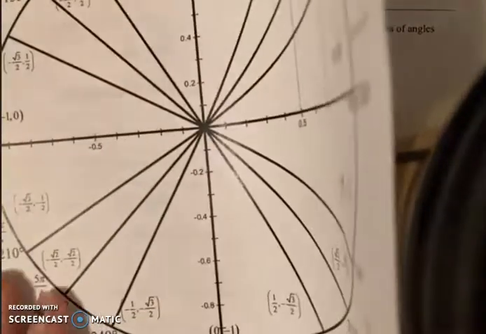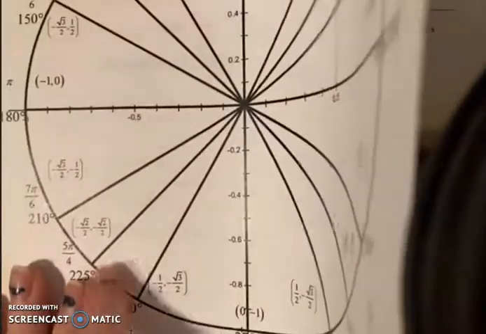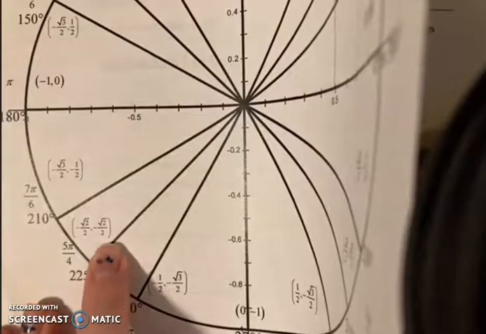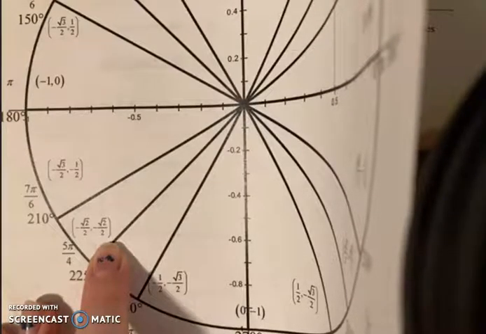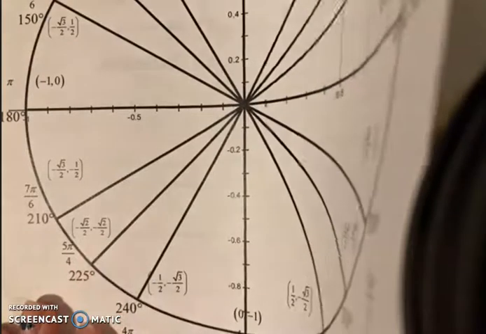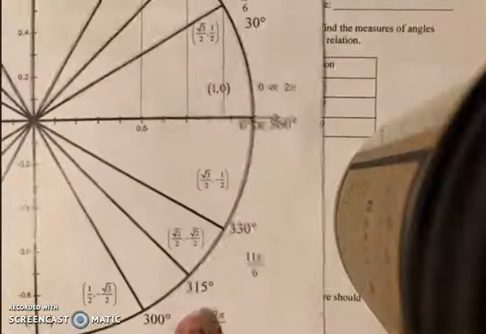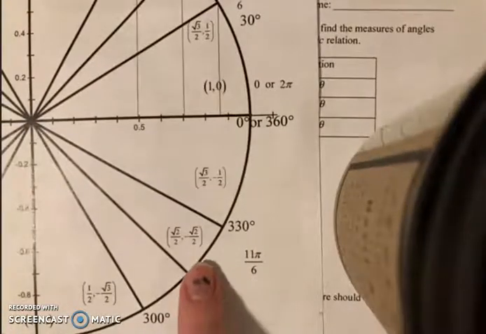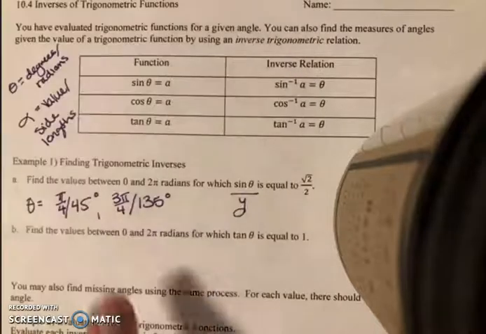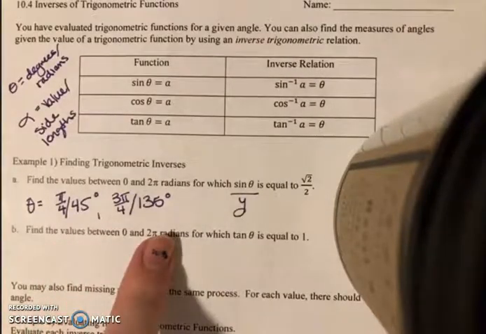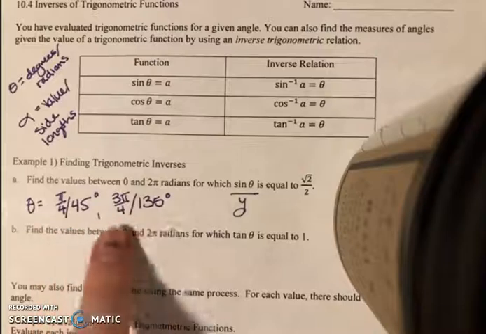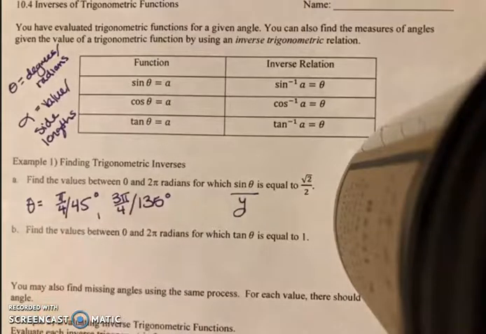If I look at quadrant 3, here's a y value of root 2 over 2, but this time it's negative, so that doesn't work. And then quadrant 4, once again, here's a y value of root 2 over 2, but it's negative, so that also doesn't work. Which means we have two solutions, and I wrote both of those in radians and degrees.